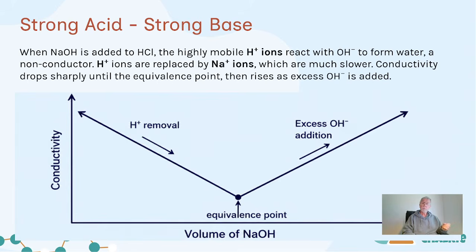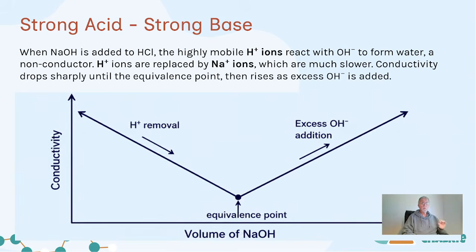That will continue until every single hydrogen ion has been turned into water by the hydroxide ions. That is the equivalence point. Exactly the same as an acid-base titration that you would have done prior to this using indicators.